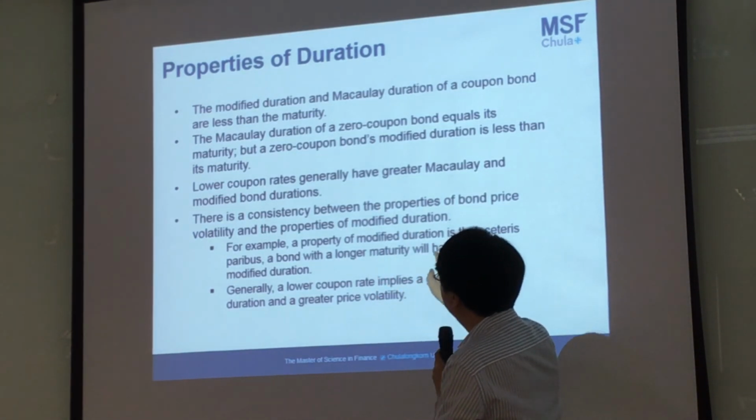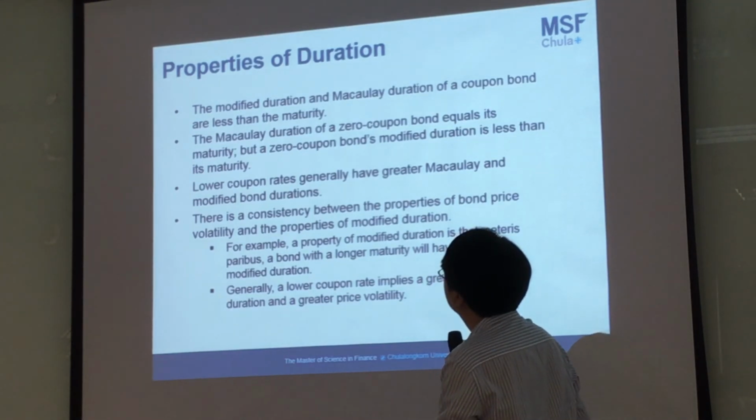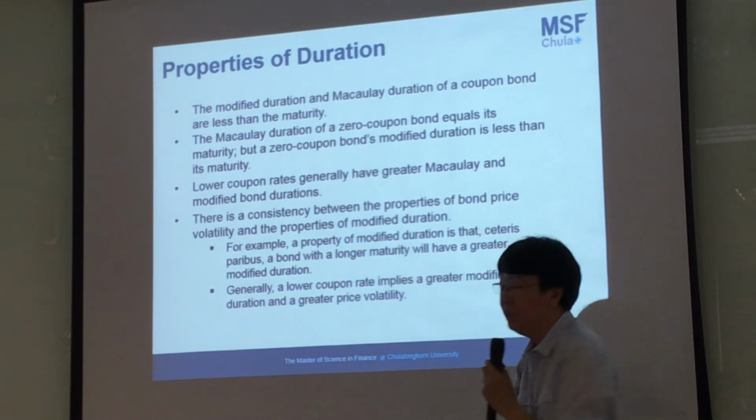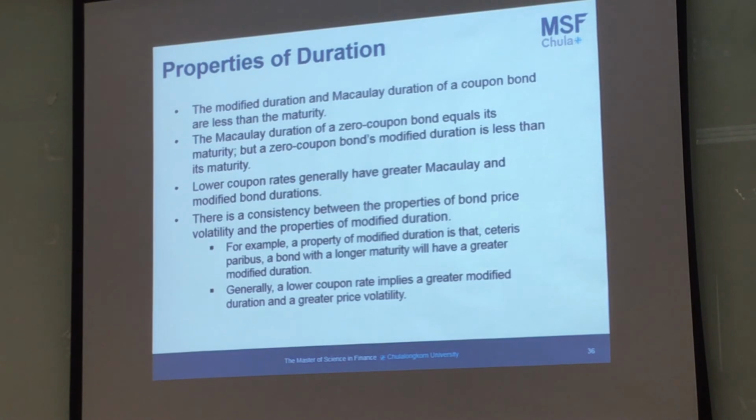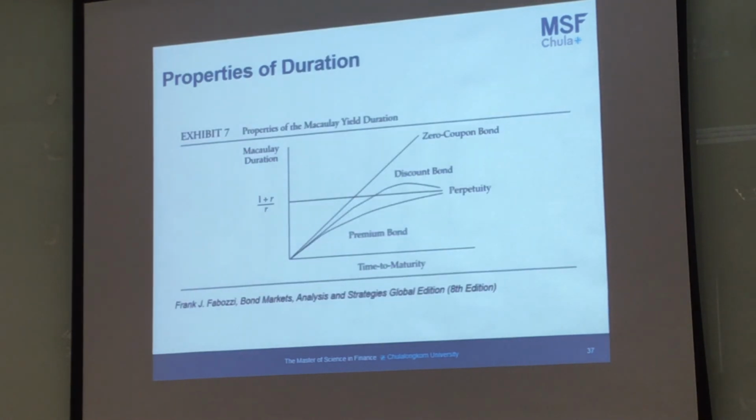The lower coupon bond, as already mentioned. Longer maturity has longer duration too. This graph shows the Macaulay duration for bonds with different coupon payments.